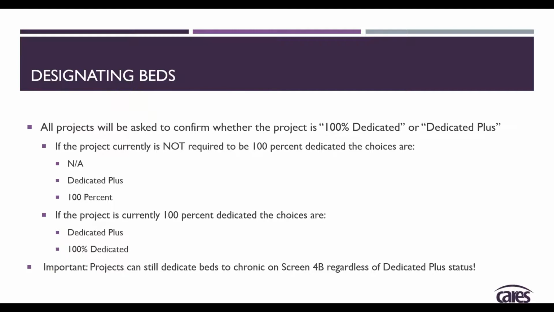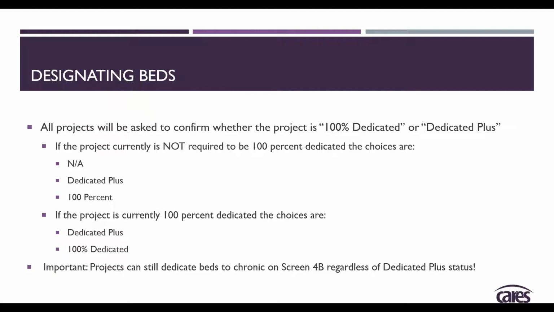Now, here's where it gets confusing, right? If you're right now 100% dedicated to chronic, you can choose dedicated plus, but then you can dedicate beds just to chronic. And you do that on screen 4B.